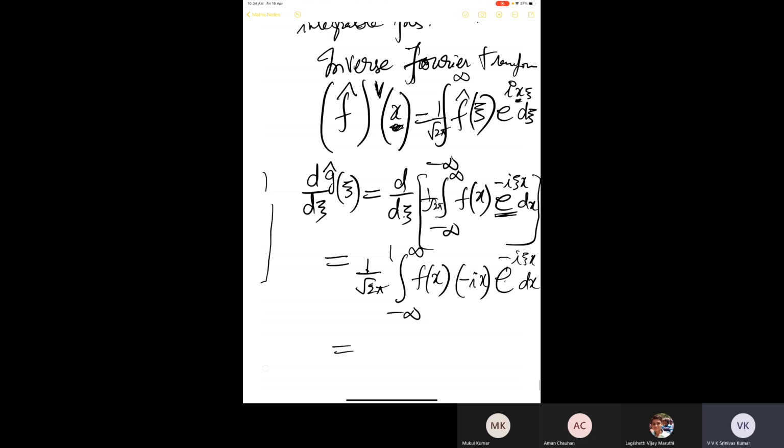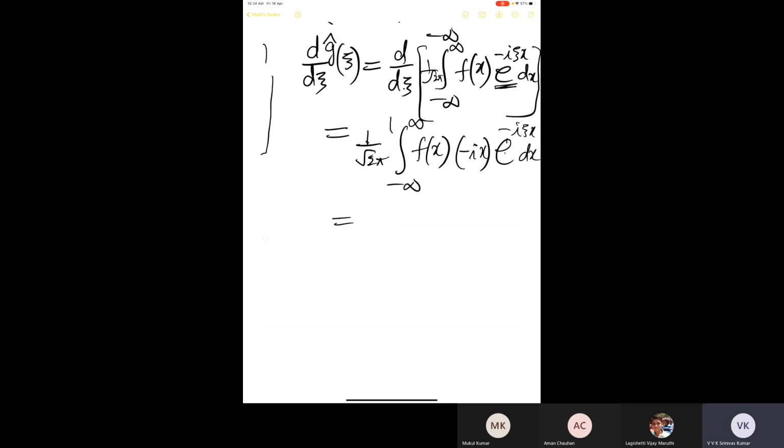So this is again the Fourier transform of the function minus i x f, at xi.